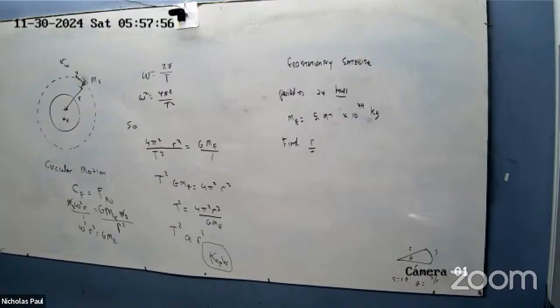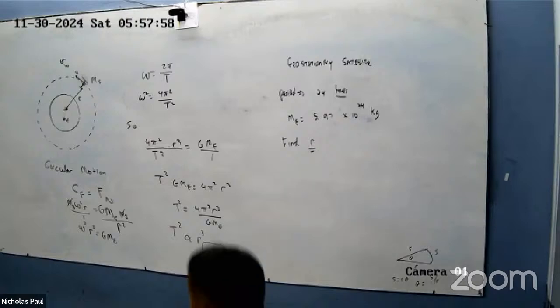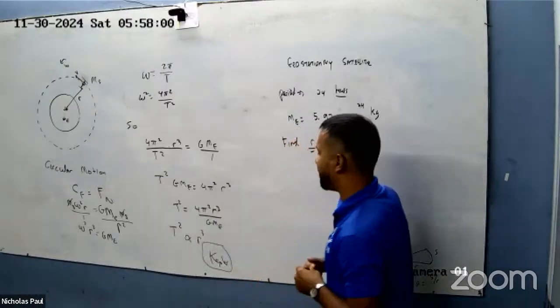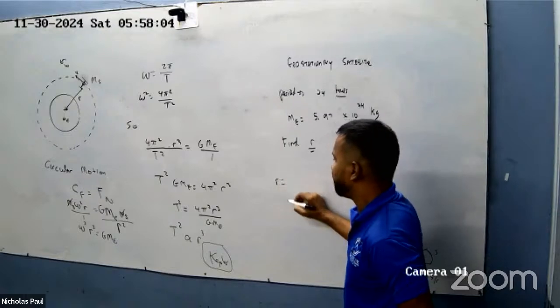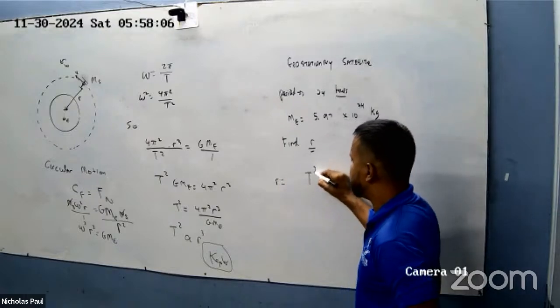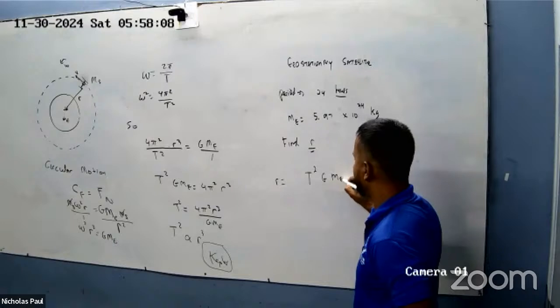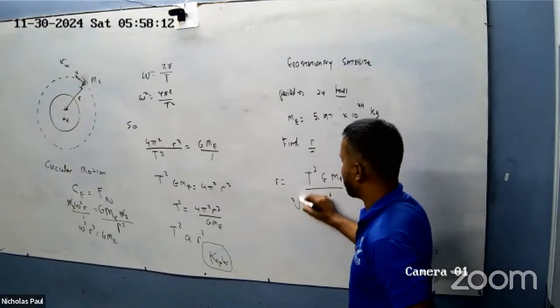So what I can do here in the meantime is make R the subject. R will be T squared by G M E, all over 4 pi squared, and I'm going to cube root this whole thing.